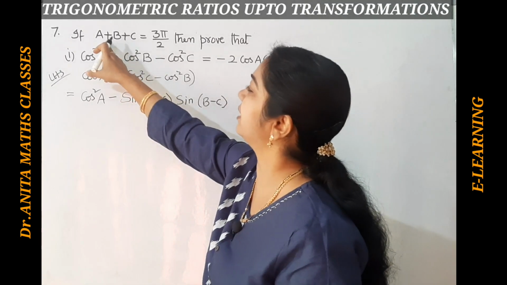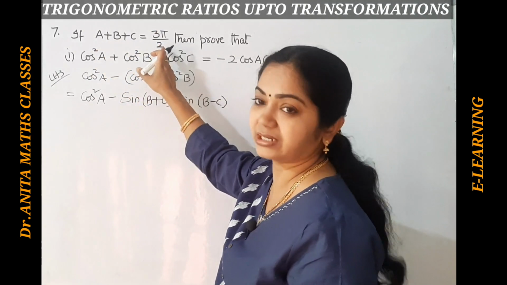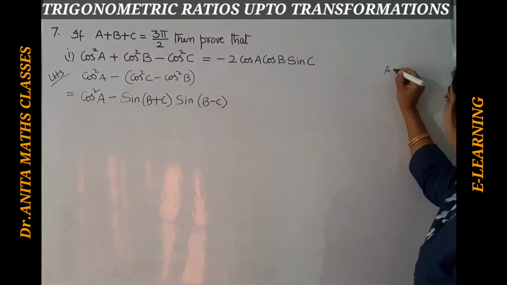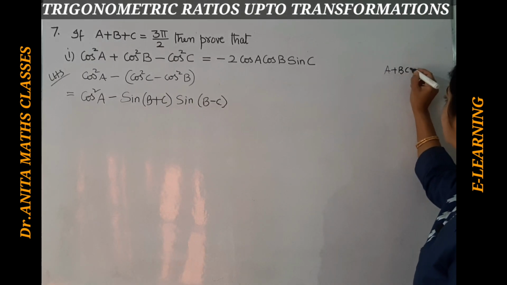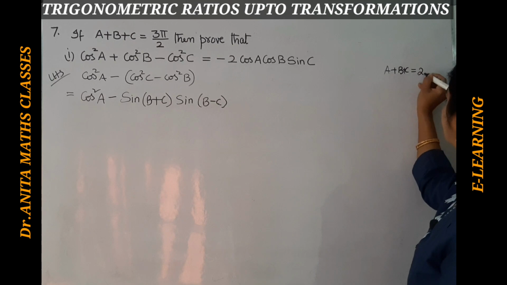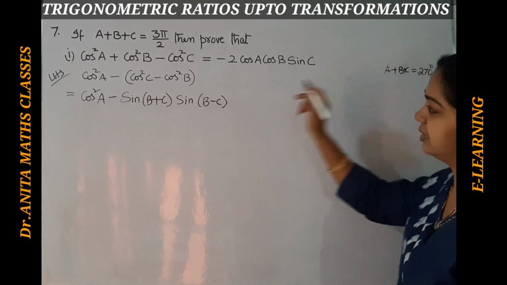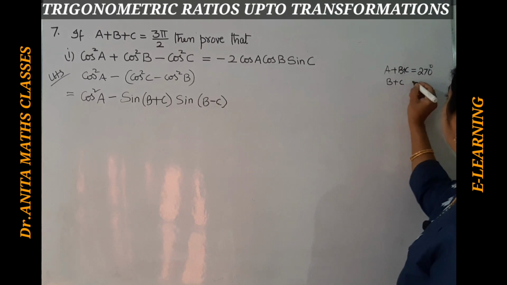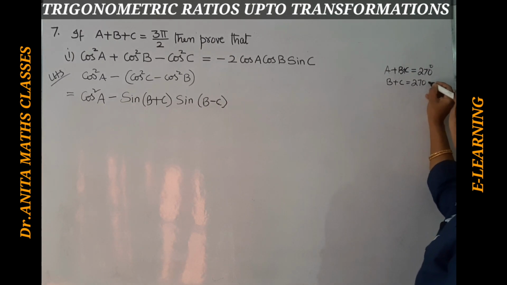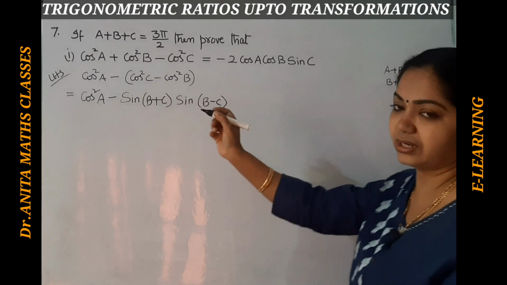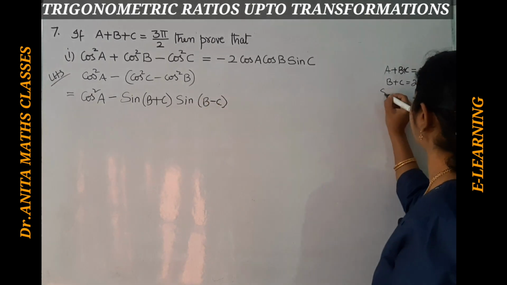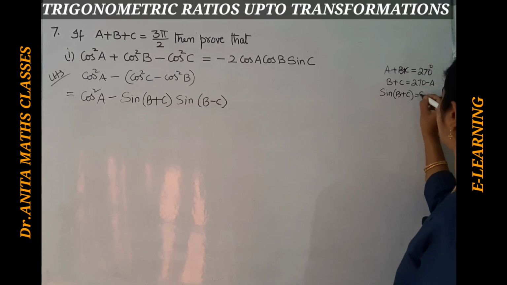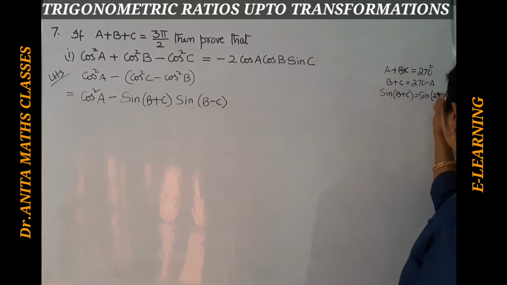Now here given a plus b plus c is 3 pi by 2, that is 270 degrees. Now if you want b plus c, it becomes 270 minus a, right? Now if you apply sine both sides, sine b plus c equals sine of 270 minus a.